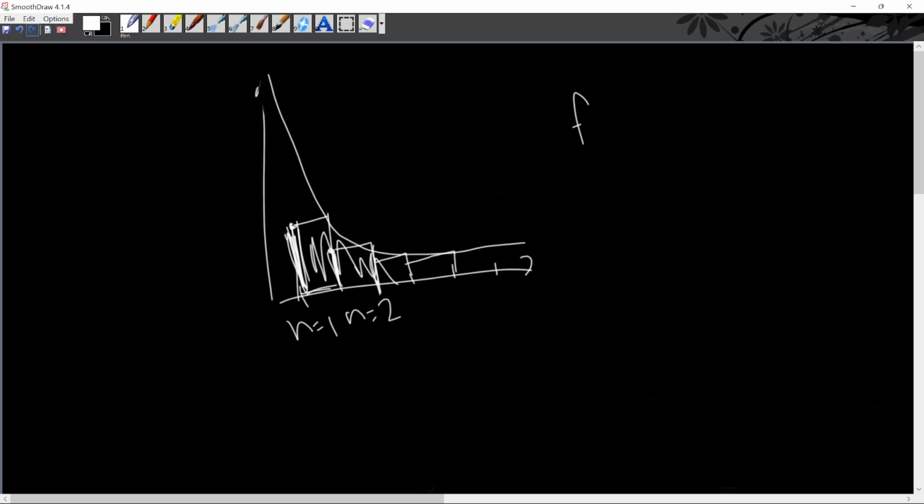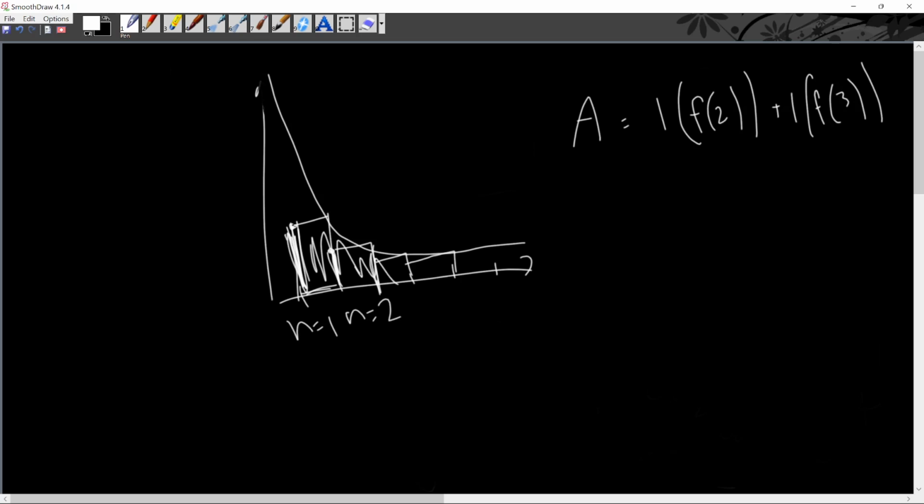But let's just say that the area of this assembly of rectangles is equal to 1, which is the width that we've defined, because this is continuous on natural numbers, times f of 2, plus 1 times f of 3, and on and on.